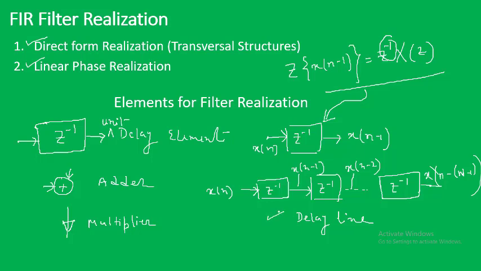This is a very important concept, because later we'll see that we are tapping out the signals from this line. So the FIR filter is many times also referred to as a tapped delay line filter. This term is also used in many places.